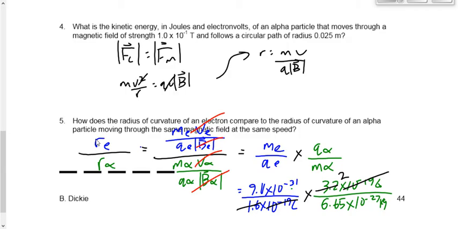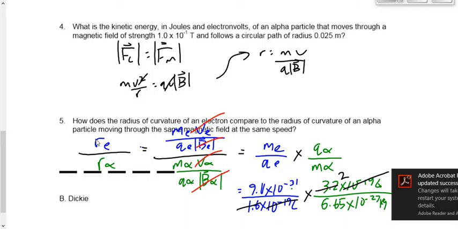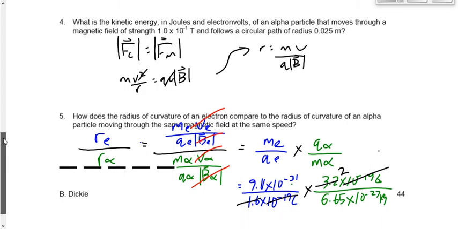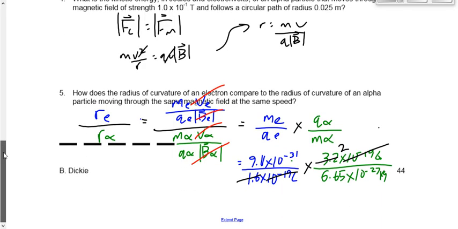So we can cross off the 3.2 and the 1.6 and turn it into a 2. Basically, it becomes 9.11 times 10 to the minus 31 times 2 divided by 6.65 times 10 to the minus 27. Glad to see that Adobe Acrobat was updated successfully there. Divide those, and I think we get 1.7 times 10 to the minus 4. That sound right?